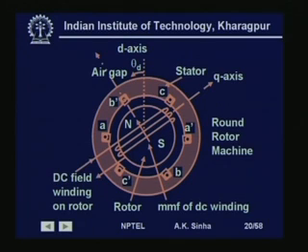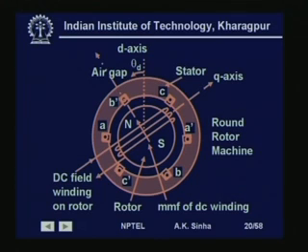Now, again, for synchronous machines also, we have normally two kinds of machines based on the type of the rotor of the machine. One model that we use is shown here, where we have the rotor, which is a round cylindrical structure on which the winding is placed. This kind of machine is called a round rotor machine, and these are generally used for large turbo alternators, which are run by steam turbines.